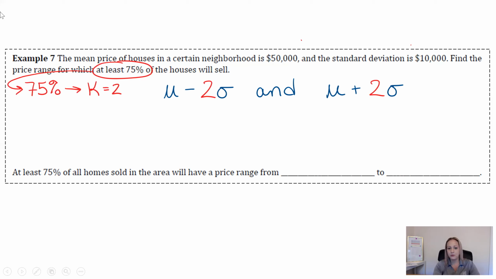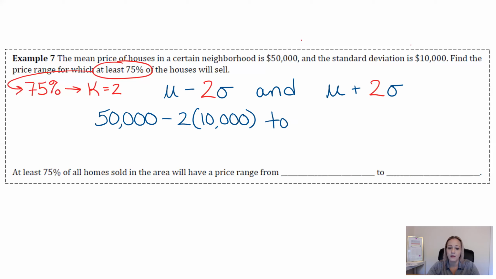Mu is the mean, so the mean price was 50,000. We'll calculate 50,000 minus 2 times sigma. Remember, sigma is the standard deviation, which they said was 10,000. So we have 50,000 minus 2 times 10,000. That's going to be the lower value. And then that'll go up to the upper value, which is 50,000 plus 2 times 10,000.